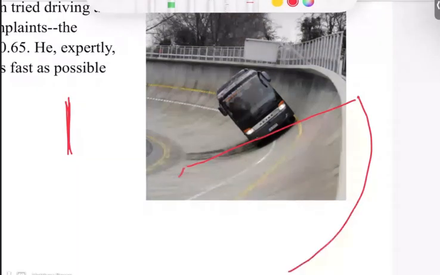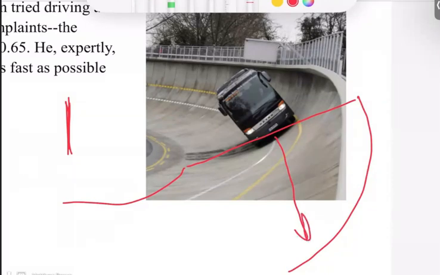But relative to the height of the ramp, would the bus go up the ramp or down the ramp? If all of a sudden going really fast, it hit ice, would it fall off the top of the ramp or would it slide down to the bottom of the ramp? It would fall off the top of the ramp. It would slide right here and go way off the ramp.